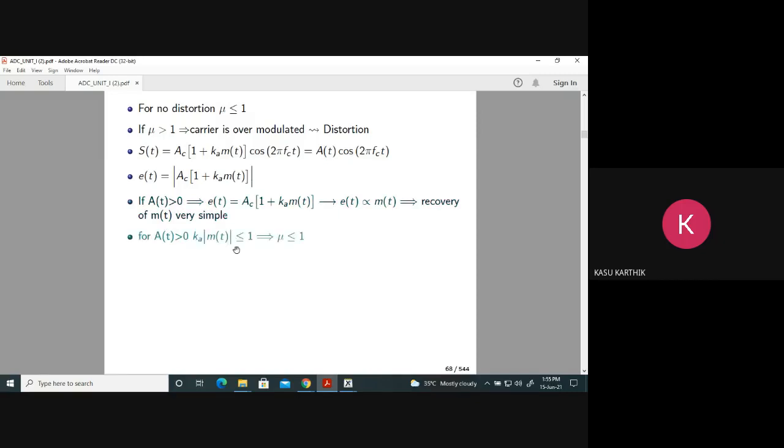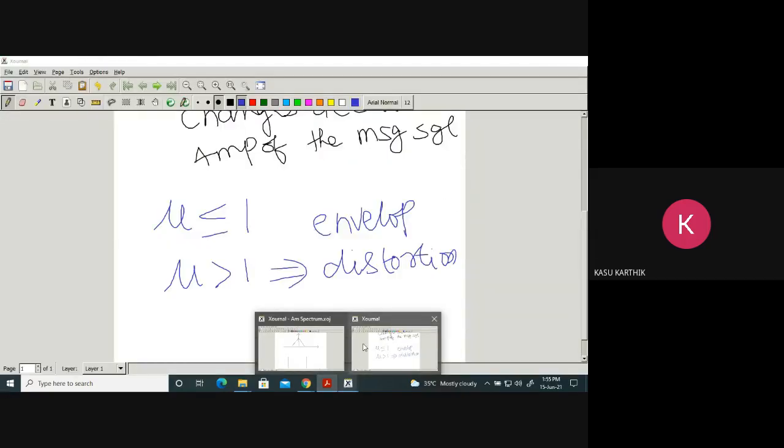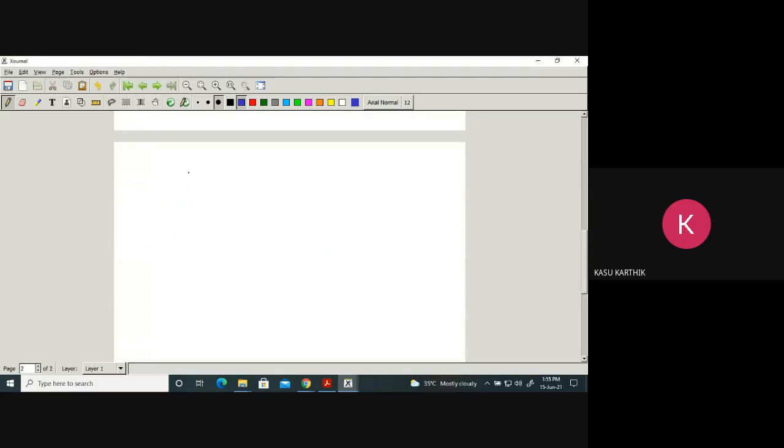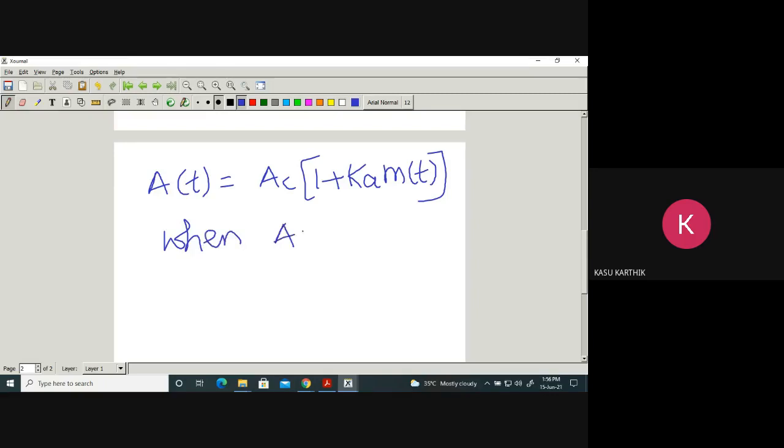Now, can you tell me when this will be positive? What is the condition for positive amplitude? Let me take the amplitude of the transmitted signal, A of t equals Ac into 1 plus Ka m of t. When will A of t be positive?